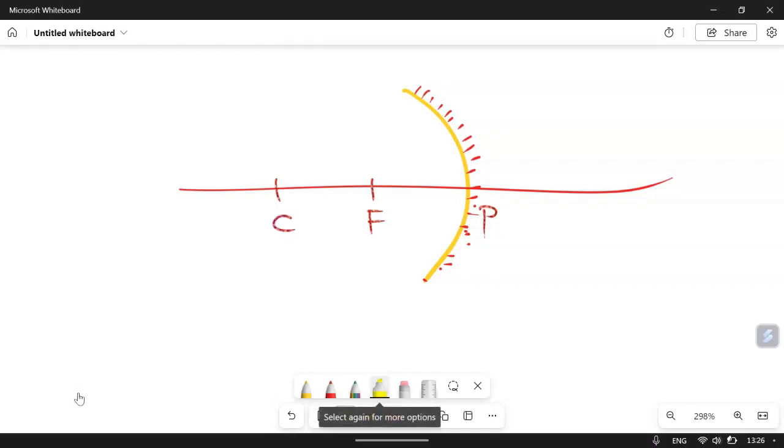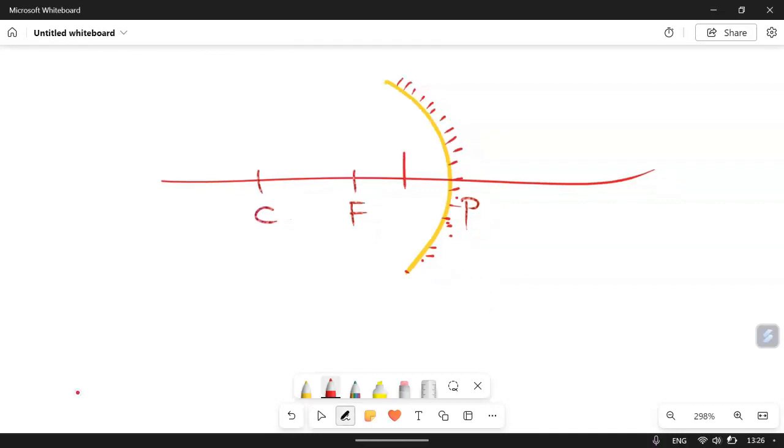Now put the object between F and P. So if this is your object very nearby, okay, so what we have to do, we have to draw two lines. One line which is parallel will pass through the focus. Okay, the other line is to P, which will go like that.